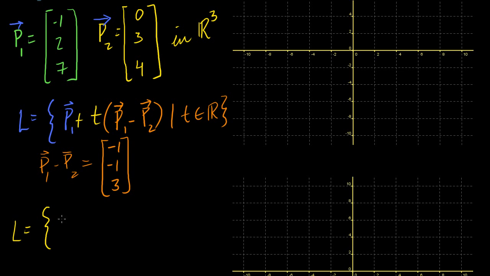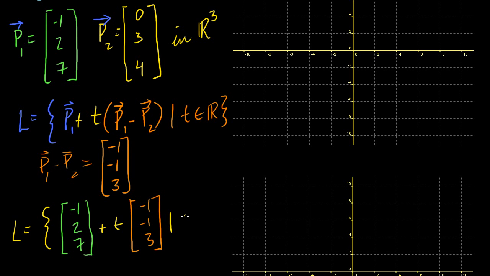It would be P1, we'll do that in green, minus 1, 2, 7. I could have put P2 there just as easily, plus t times minus 1, minus 1, 3, such that t is a member of the real numbers.